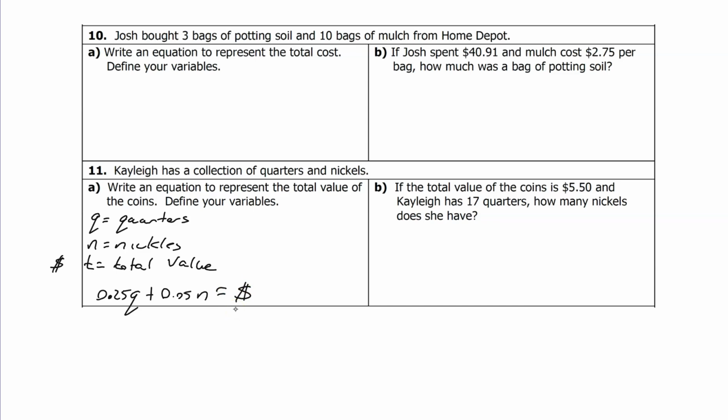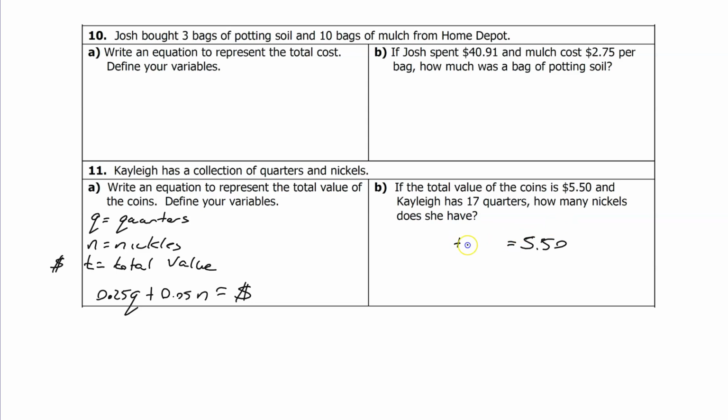So if the total value of coins is $5.50 and Kaylee has 17 quarters, how many nickels does she have? We know that our value, this dollar sign, is $5.50. What don't we know? How many nickels.